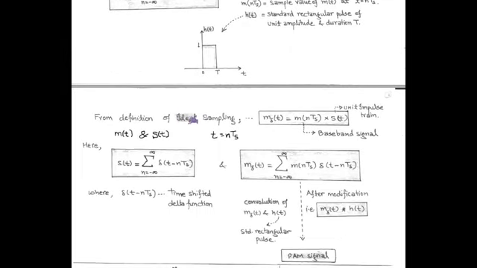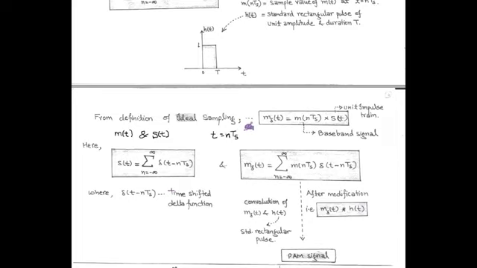Mathematically, the PAM signal is obtained using ideal sampling. Initially, we take any arbitrary baseband signal m(t) and a periodic unit impulse train s(t), which is equal to summation n equals minus infinity to infinity delta(t minus nTs), where delta(t minus nTs) is a time shifted delta function.